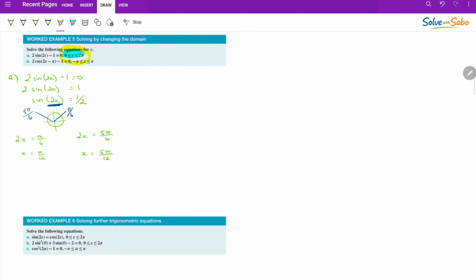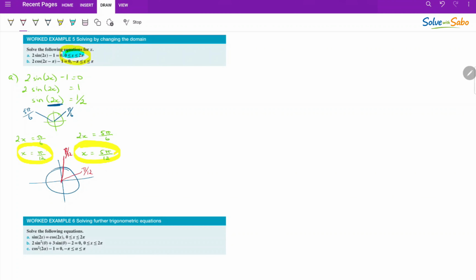Now, if I think about where these answers sit, if I draw a second little unit circle, pi on 12 is down here somewhere. And then 5 pi on 12 is less than 6 pi on 12, so it's like here somewhere.